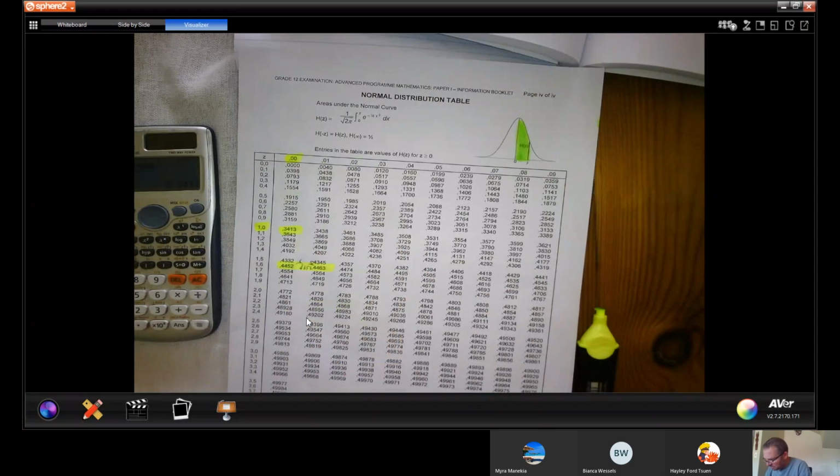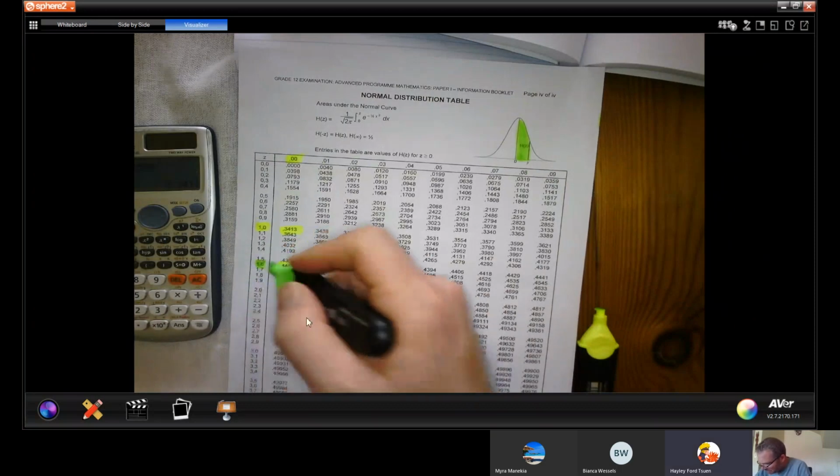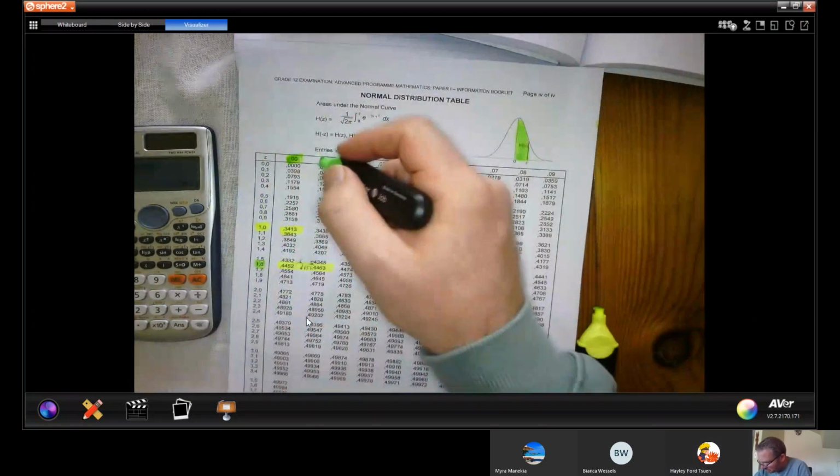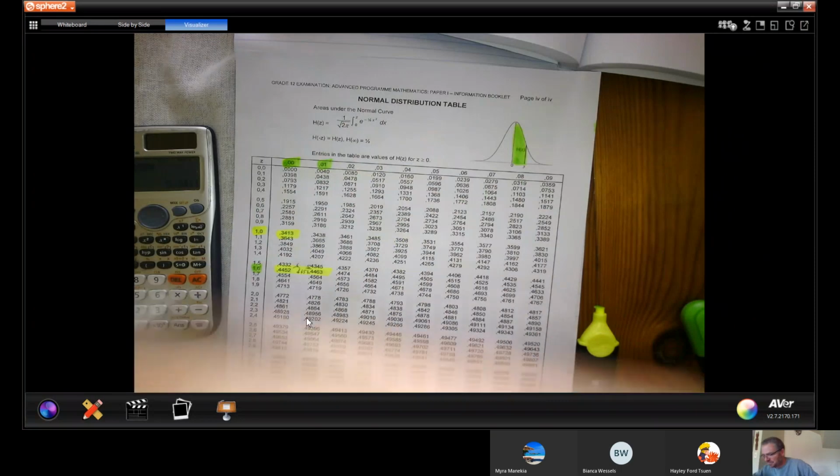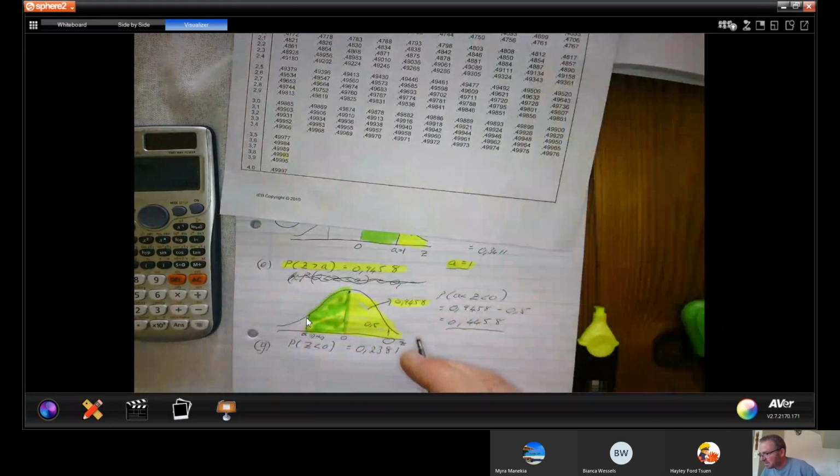So what is our Z score going to be? Well, that's 1.60, and this is 1.61. So it's going to be 1.605. If it's in the middle, it's 3 decimal places. You with me?